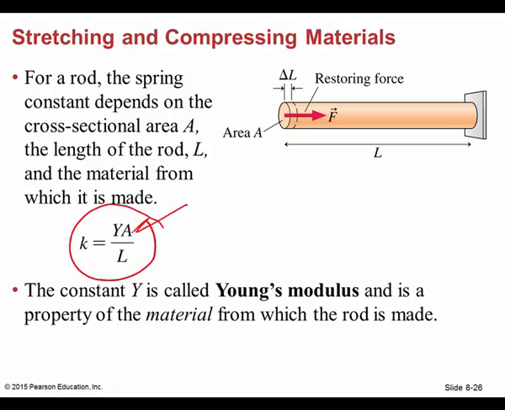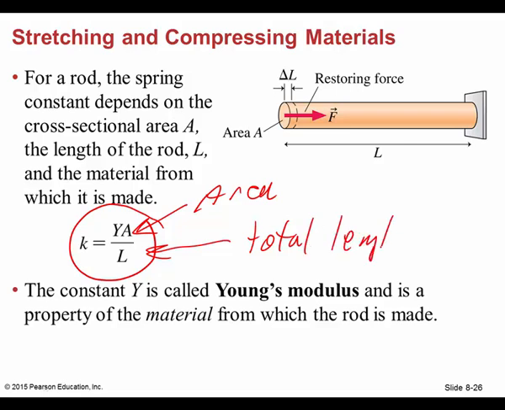Now, that is area. L is the actual, total length. And this right here is called Young's modulus. Young's modulus is based on the material from which the rod or the steel I-beam or whatever we're looking at is made.